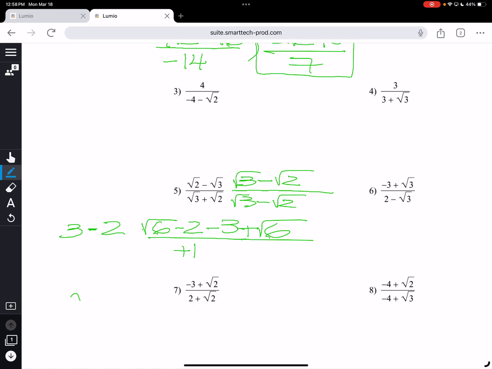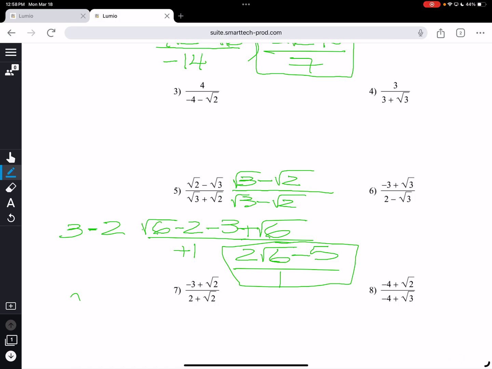Put your like terms together. Negative 5 plus 2 radical 6. So 2 radical 6 minus 5, over 1.